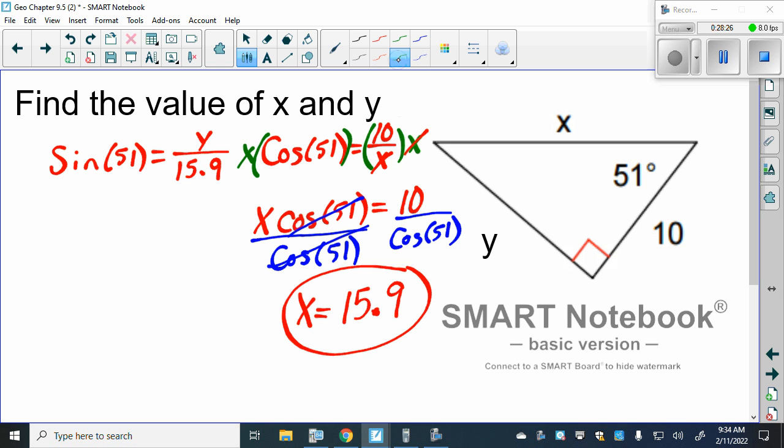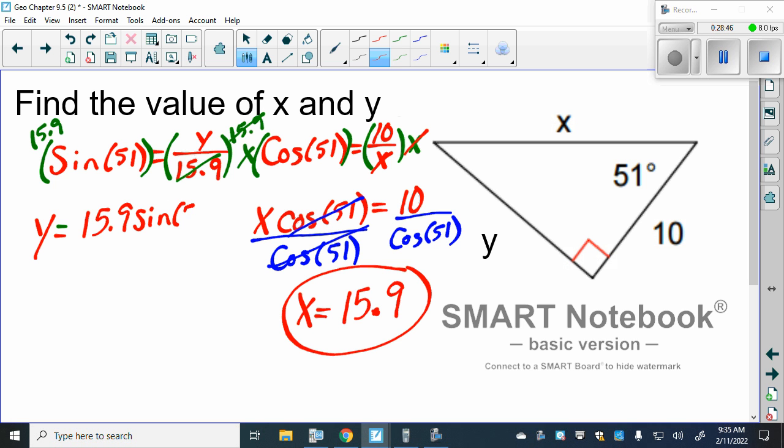And that's fine. But we'll still do the same process because we're going to multiply both sides by 15.9. If we do that, these two cancel, telling me that y is equal to 15.9 times sine of 51, and the variable is by itself.